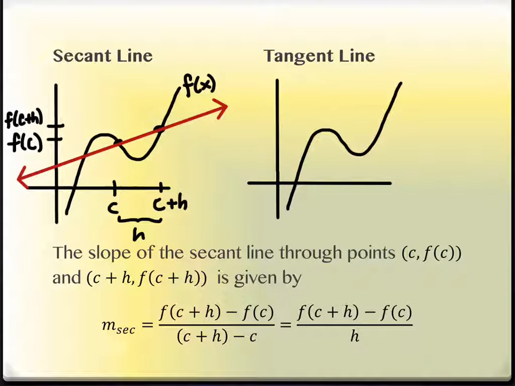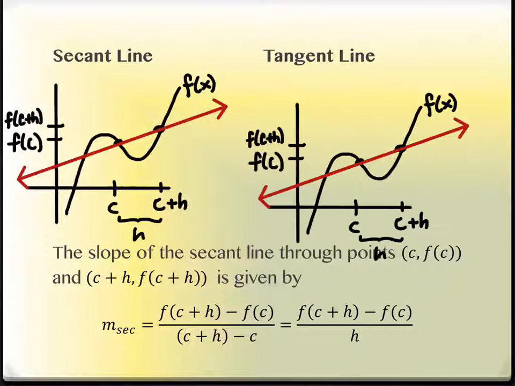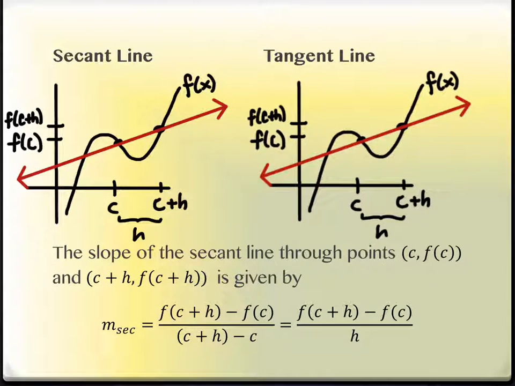Okay, if we were to take this same graph, I'm going to start over again with all the details. If we were wanting to know about the tangent line, well, the tangent line should be a line that's just touching the curve instead of cutting through it like this.